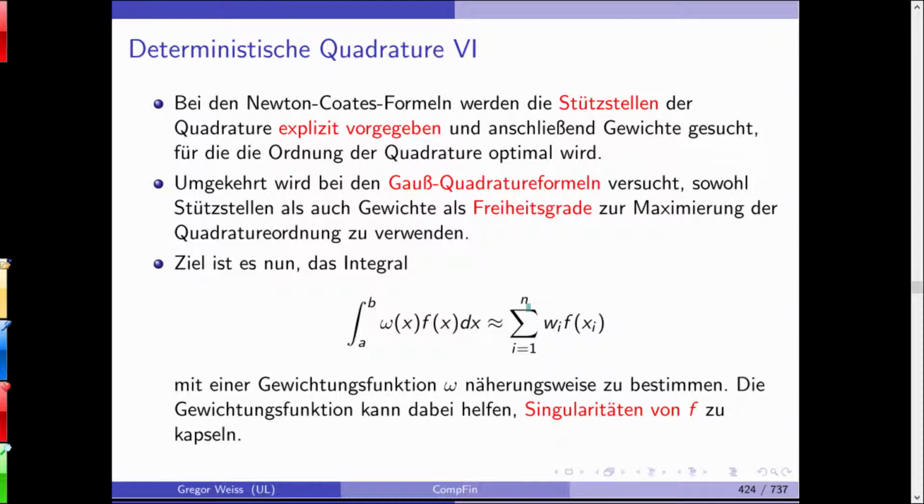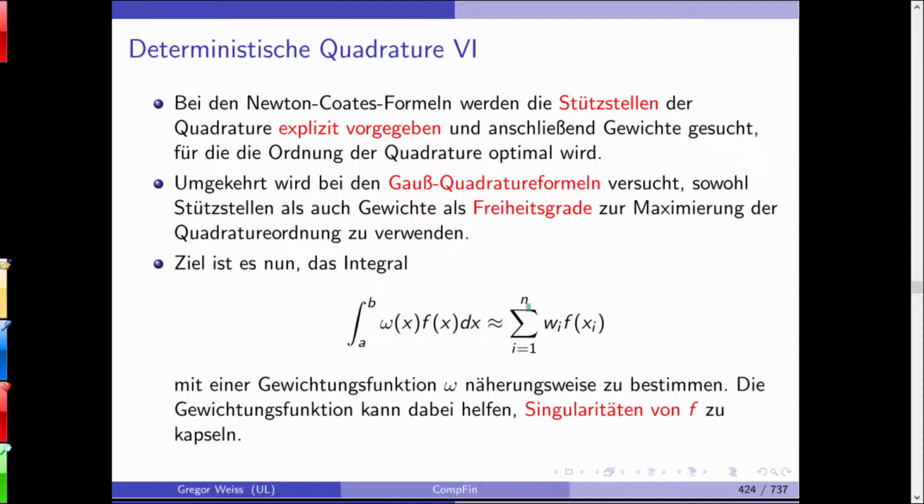In the alternative, the Gaussian quadrature, you are doing it in a slightly different manner. You're choosing both the nodes and the weights in such an optimal fashion that the approximation is better and is optimal in a certain sense.